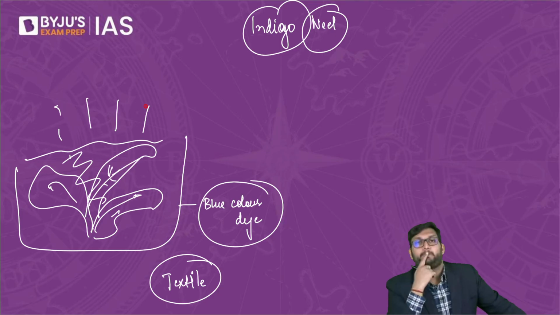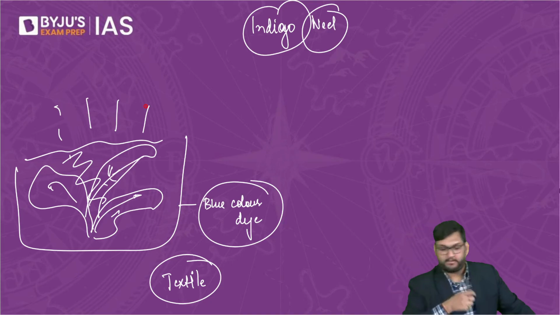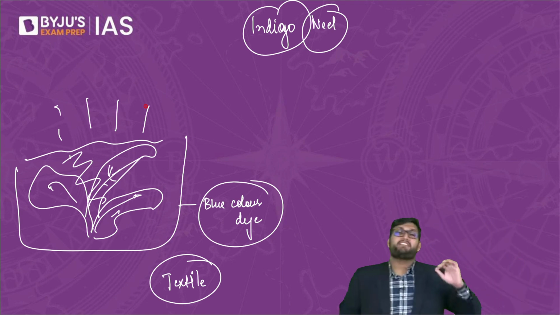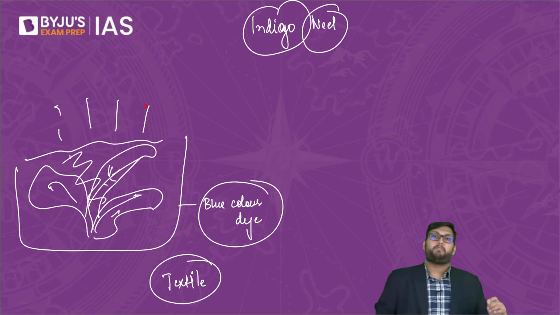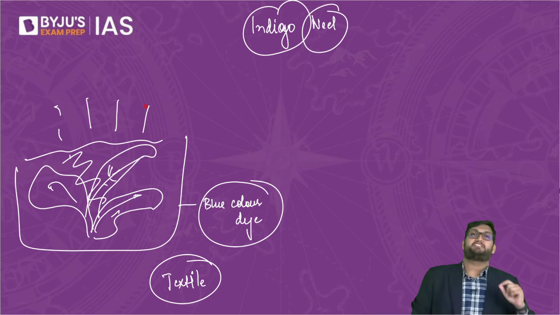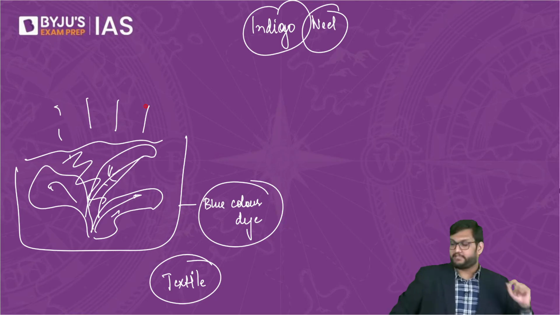But there's a problem. What is the problem with indigo? What is the problem with indigo? Yes, very good. Indigo is a very bad crop for land. It literally sucks up the fertility of land.